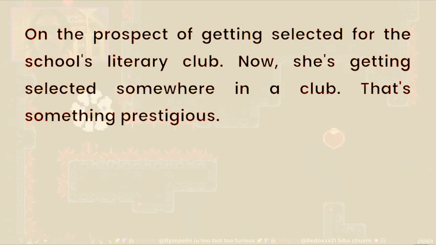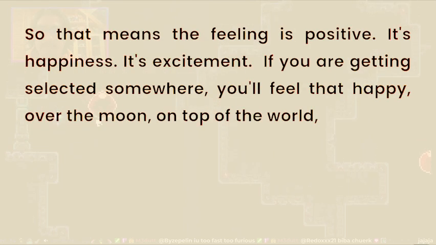On the prospect of getting selected for the school's literary club. Now, she's getting selected somewhere in a club. That's something prestigious. So that means the feeling is positive. It's happiness. It's excitement.